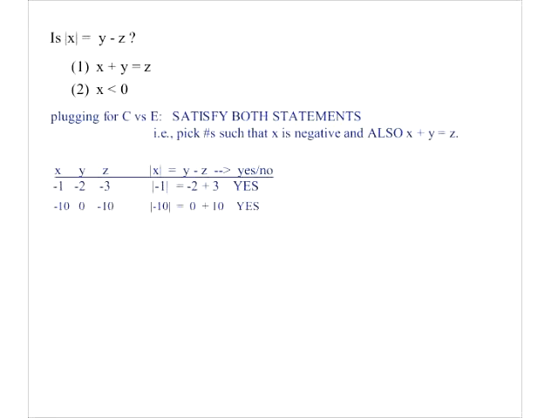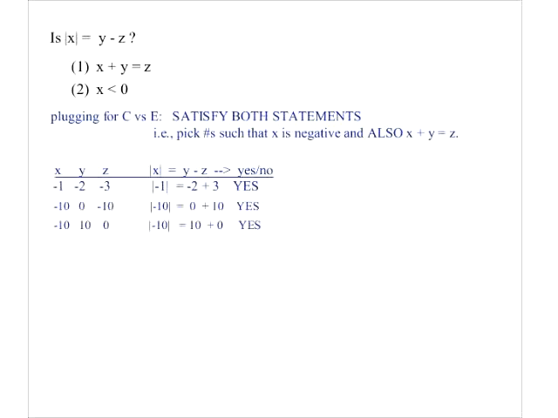Let's see. Other x's, you can also try negative 10 and then 10 and 0. So does the absolute value of negative 10 equal 10 plus 0? That's also yes.